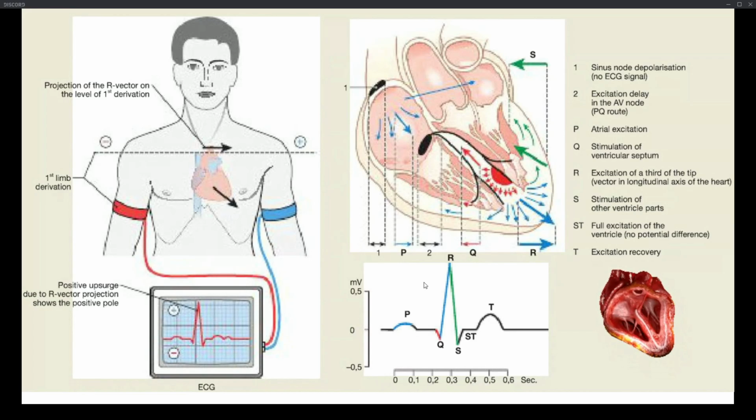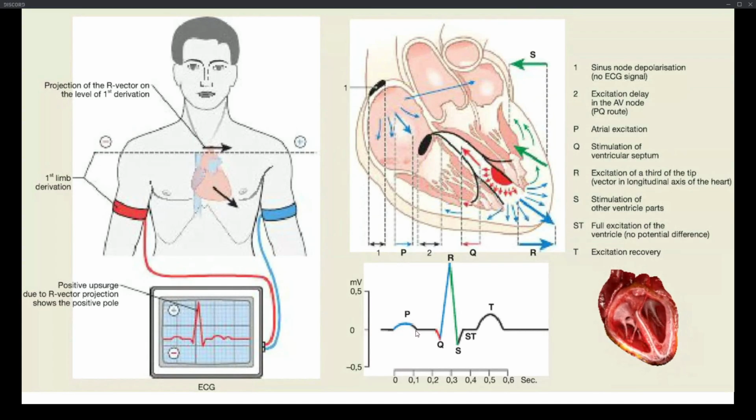depicted in an ECG. So over here, first of all, you have a depolarization of the nodus sinoatrialis, and now it flows through the atrium, through the muscle tissue, towards the nodus atrioventricularis, and this would be the equivalent of the depolarization of the atrium.